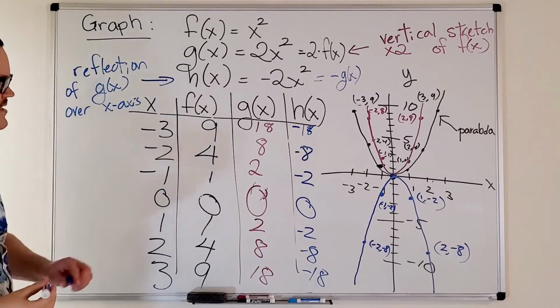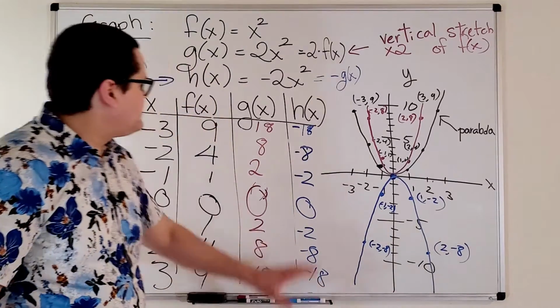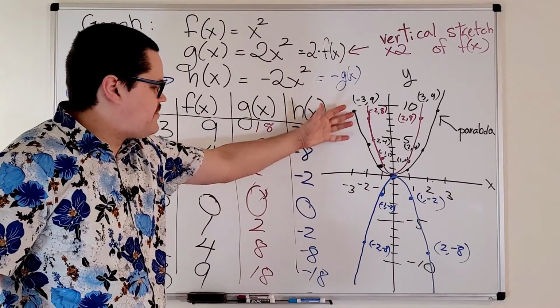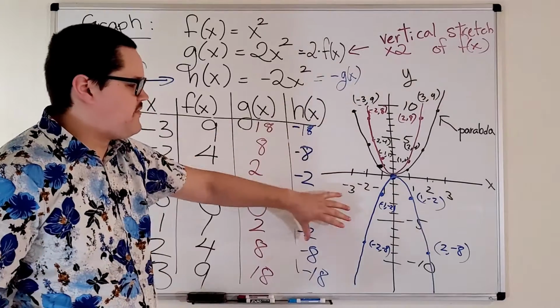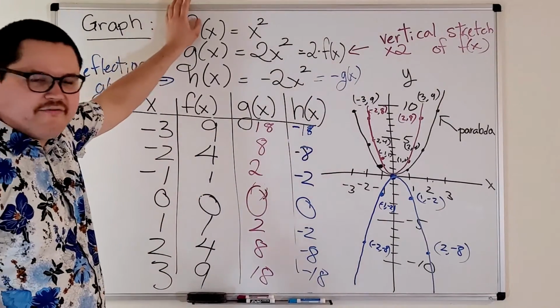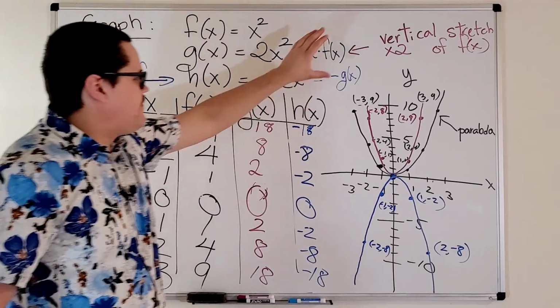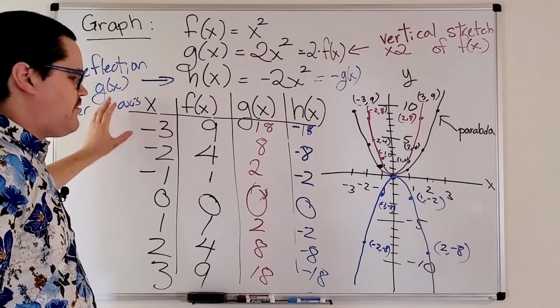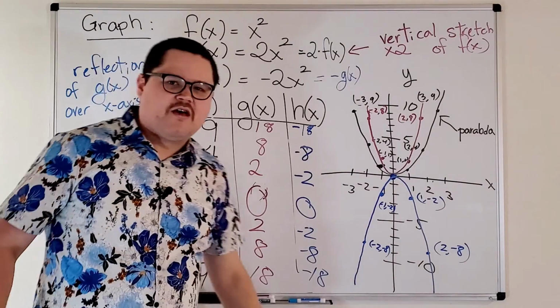And the reason that it's a reflection is that this is just -1 times g of x. So all these y values become their negatives. So it just flips everything over. And of course, in relation to the original f of x, this is a vertical stretch times 2, and then a reflection over the x-axis. Makes sense.